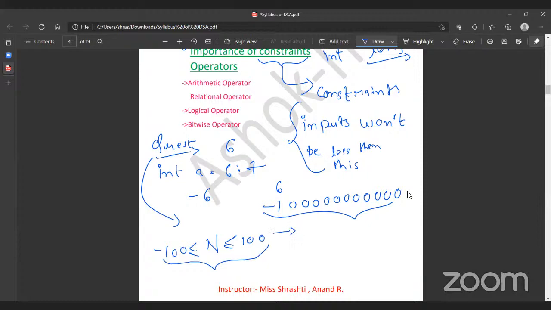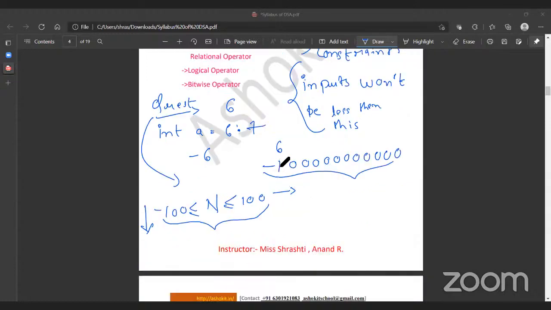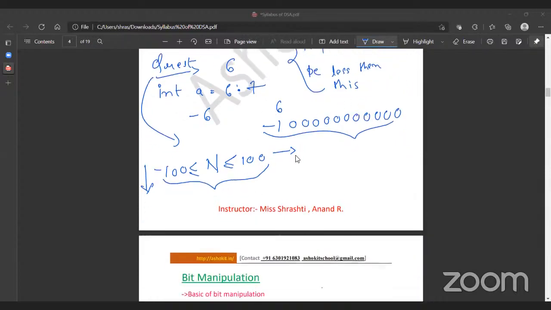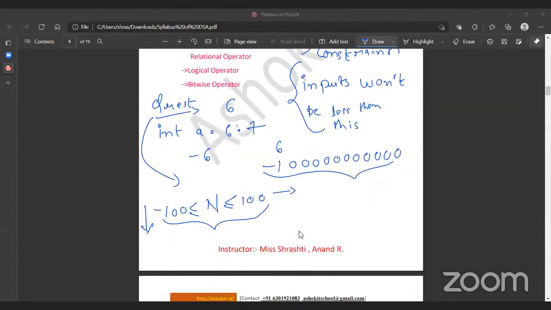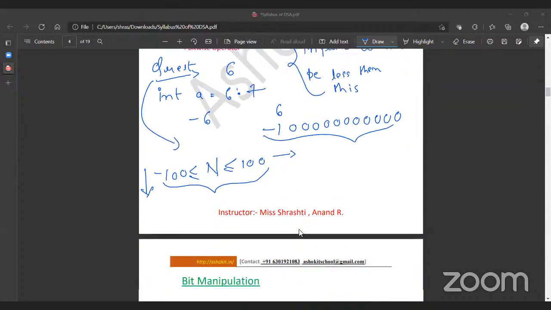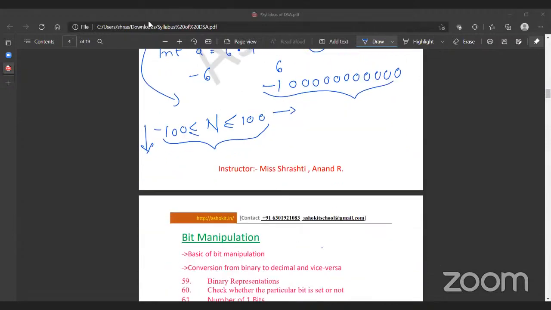It won't be more than that, it won't be less than that. Is it clear to you? Whenever you are taking any input or writing any logic, you should know which set of numbers you're going to implement your logic on, right? Are you getting this? Anyone confused about the constraints? Guys, you can just ping me.